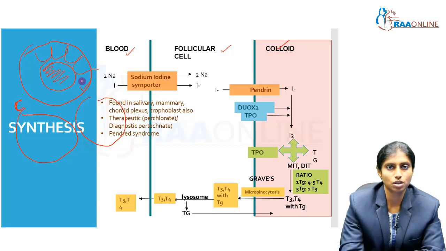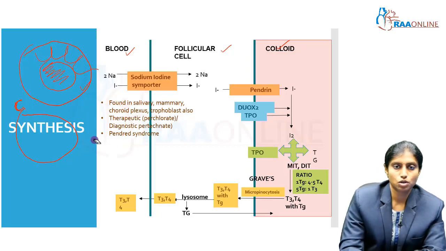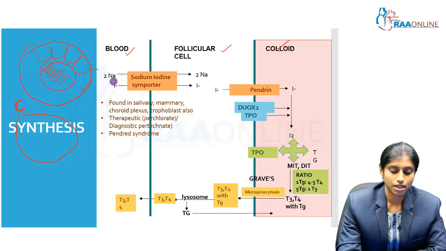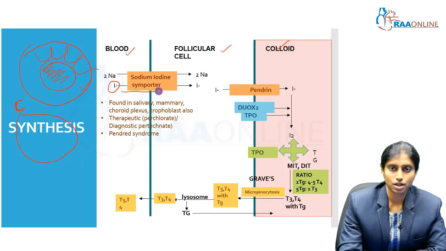Today we will be seeing about the thyroid follicles per se. The colloid is rich in iodine and contains thyroglobulin. The follicular cells are made up of cuboidal epithelium. We will see how the thyroxine hormone is synthesized. Normally iodine is taken from the diet and is found in blood. It is transported into the follicular cell by the sodium iodide symporter.